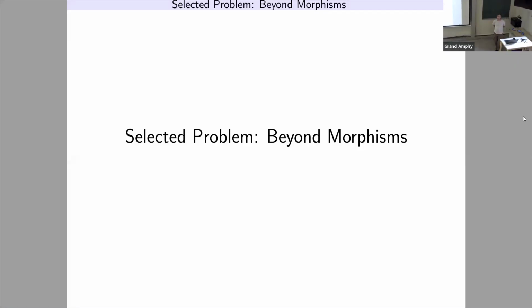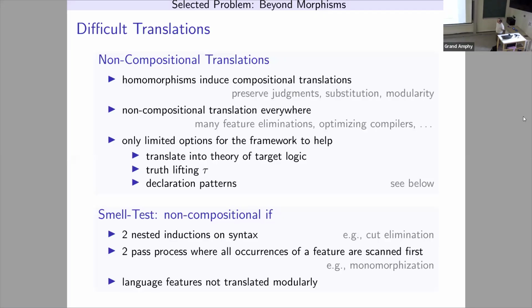And there are many translations that simply don't have those properties. And then naturally, we cannot represent those as morphisms. And it happens a lot in practice that we have logic translations which we just can't write as theory morphisms. And well, roughly speaking, whenever it's non-compositional, then we can't do it as a normal morphism.